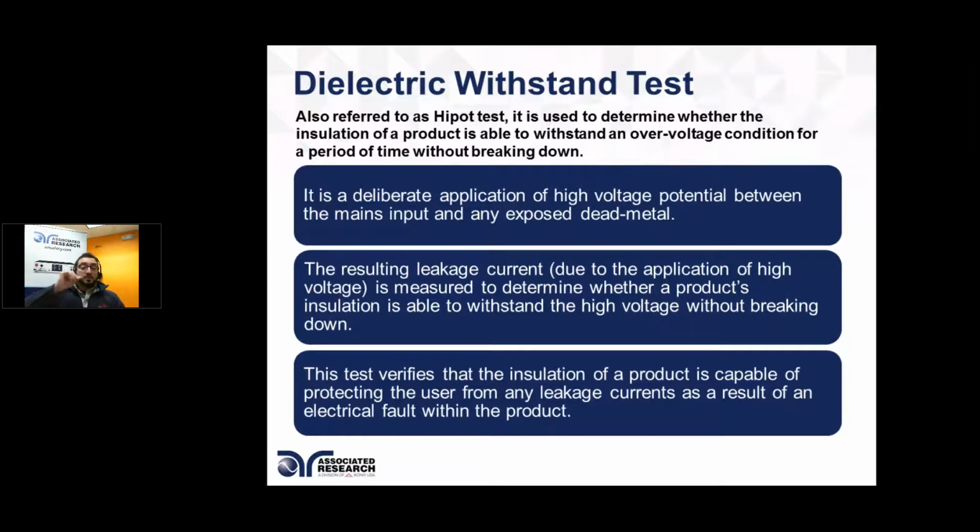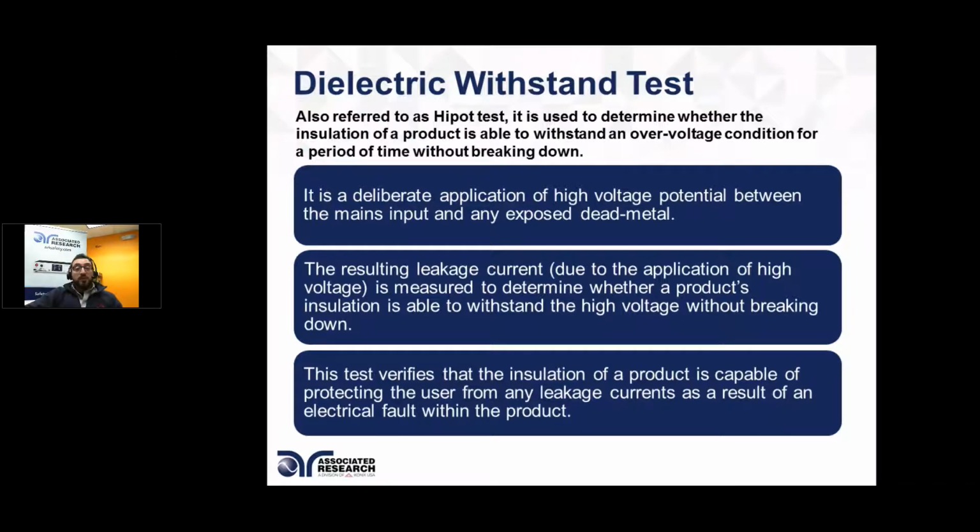So the result of a HiPot test is almost always a leakage current measurement, and that's because when any insulation is stressed with high voltage for a given period of time, some leakage current is going to try and flow through that insulation, and the quality of the insulation is determined based on how much leakage current it allows to flow through it.